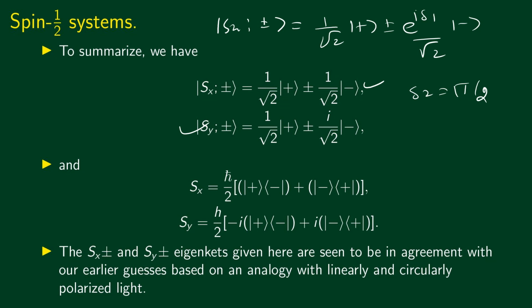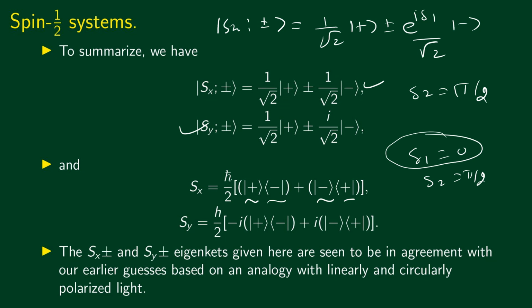Okay, we also have the expressions for operators. We just take the previous expressions and set delta 1 equal to 0 and delta 2 equal to pi by 2. So the expression for the operator Sx becomes h bar by 2 times ket plus bra minus plus ket minus bra plus. These complex factors have disappeared because of the choice delta 1 equal to 0.